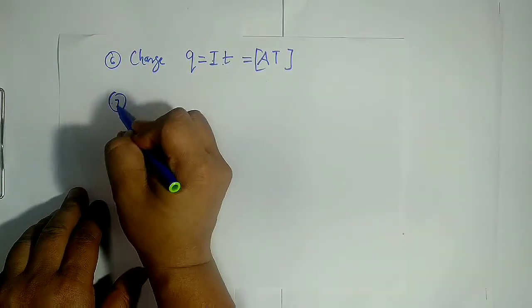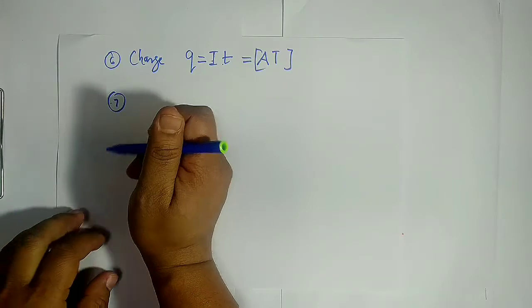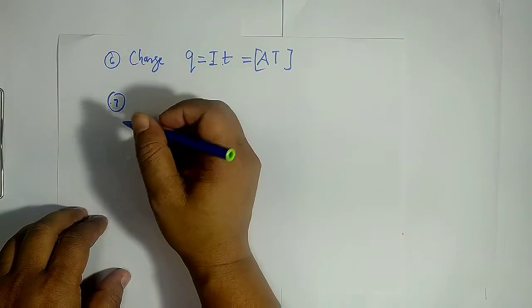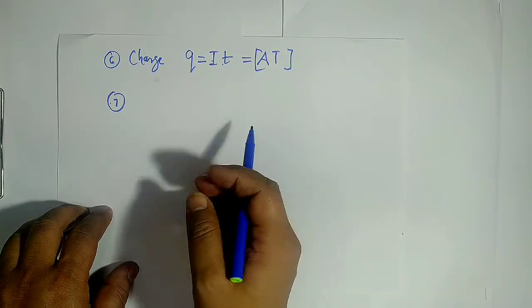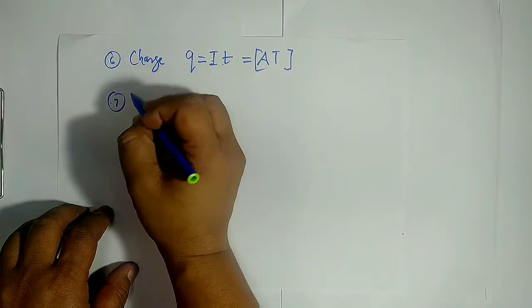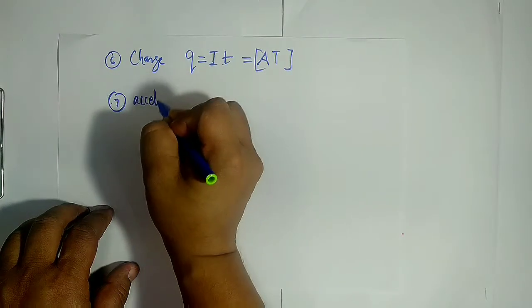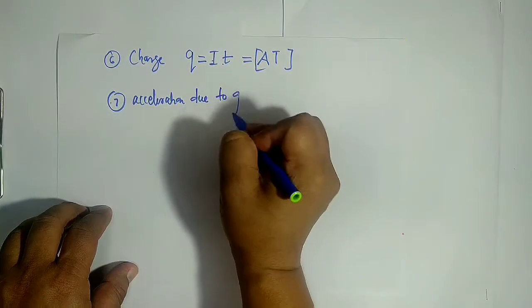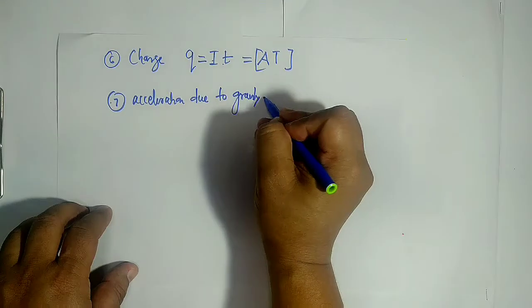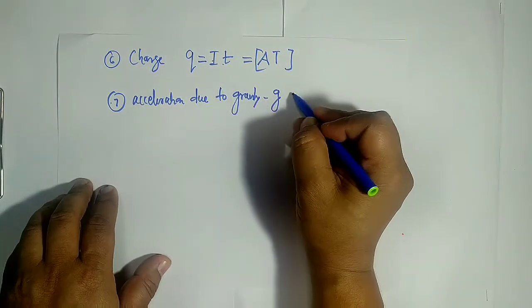In the same way, there's a quantity which we say is acceleration due to gravity. Acceleration due to gravity is small g, and you know that g is an acceleration.